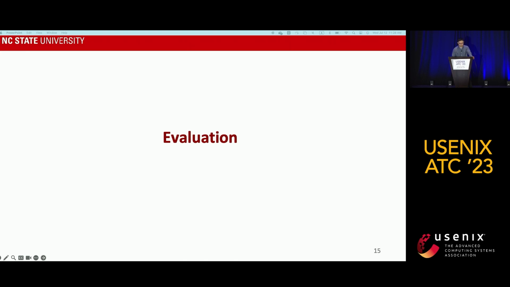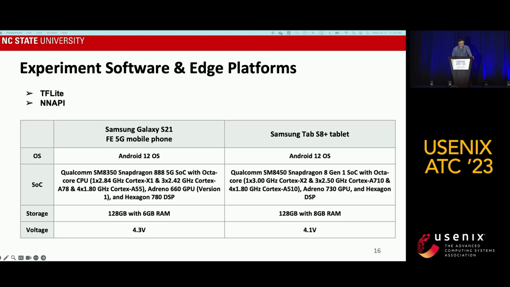And here come our evaluations. Here are the software and hardware we use in this paper. On the left-hand side is the mobile phone environment, which uses the Galaxy S21 with Android 12 OS and a Snapdragon SoC, which includes an 8-core CPU, 1 GPU and 1 DSP.